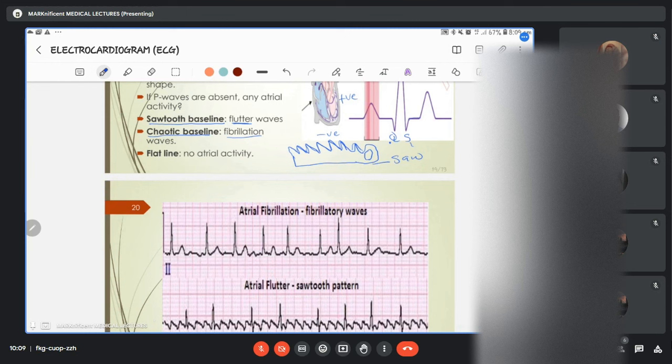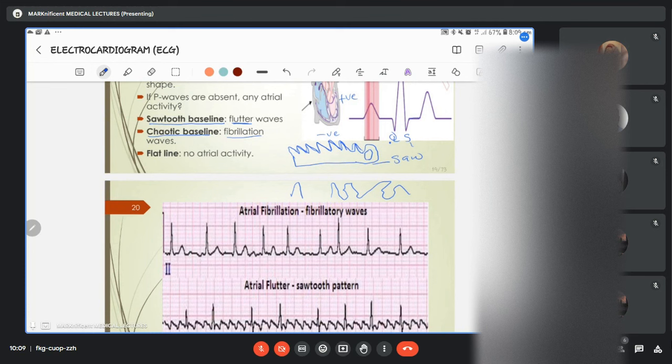And then chaotic comes from the word chaos. Chaos means there's problem, there's disaster, there's destruction. So the P wave that's supposed to be this way is now this way, now this way, now coming this way. That's chaos. So that makes it atrial fibrillation of the P wave.